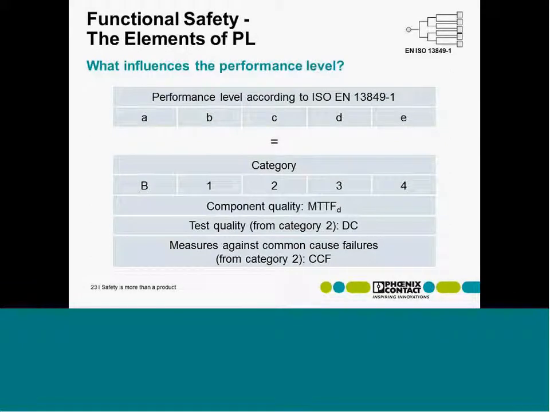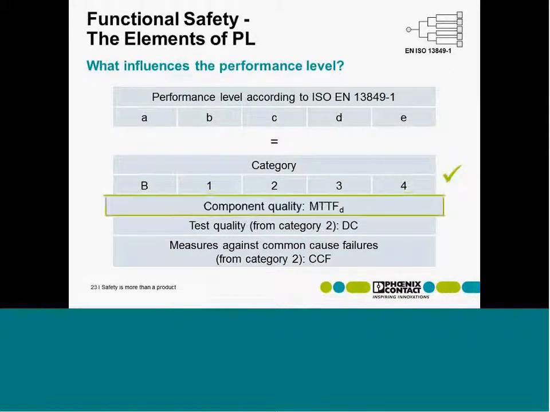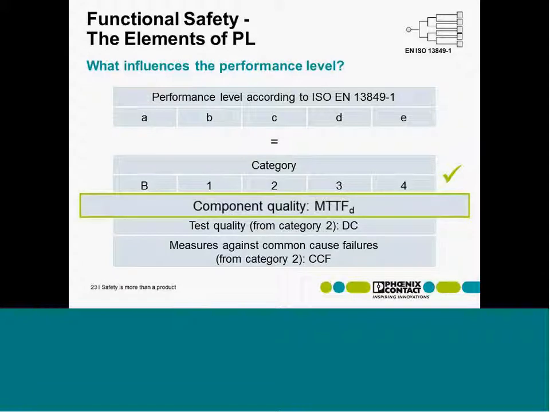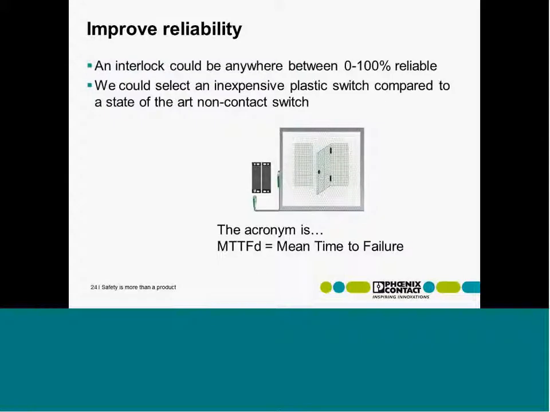The second data is the MTTF, or the component quality. The reliability of a component is an important factor besides the structure itself.